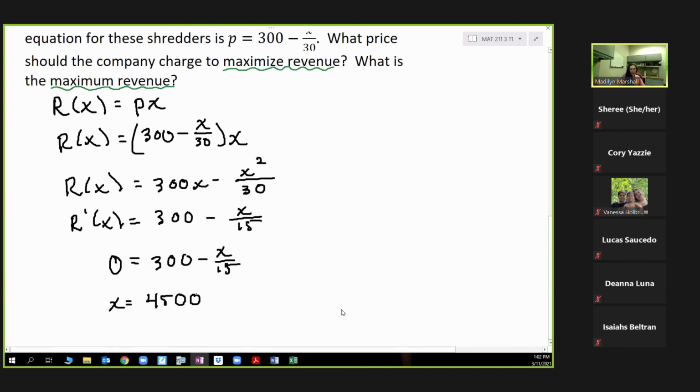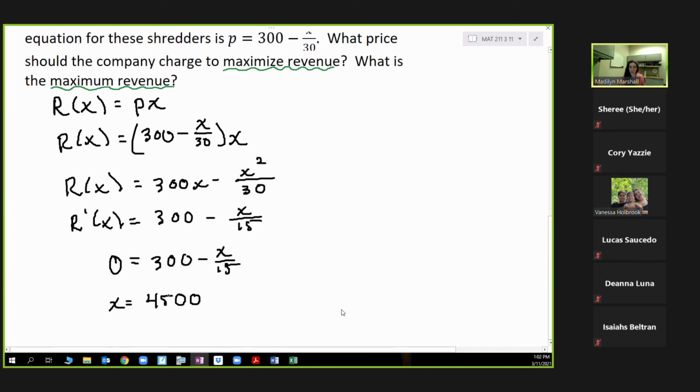So technically, at this point, we know that the derivative is 0 when x is 4,500, but we don't actually know if there's a maximum or a minimum or just a little squiggle there. So we need to check to see what is happening at this critical point. I'll plug in 45 to just R of x.